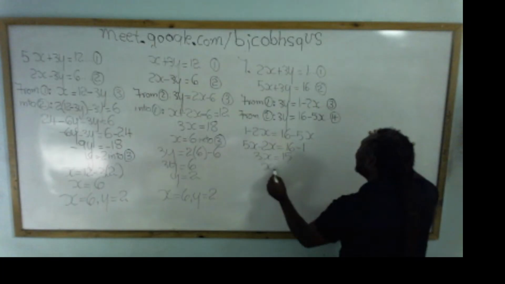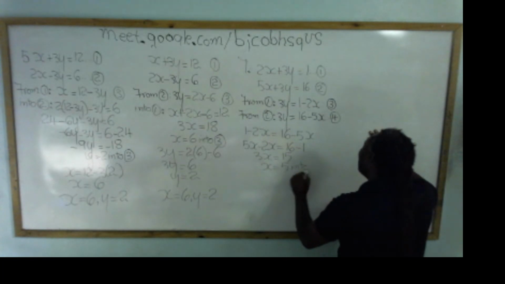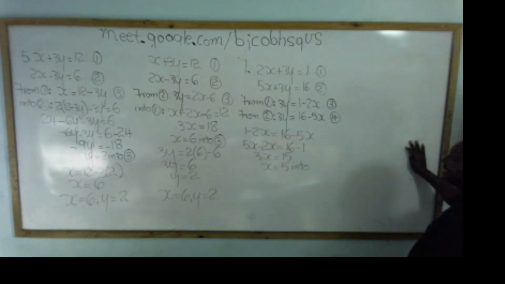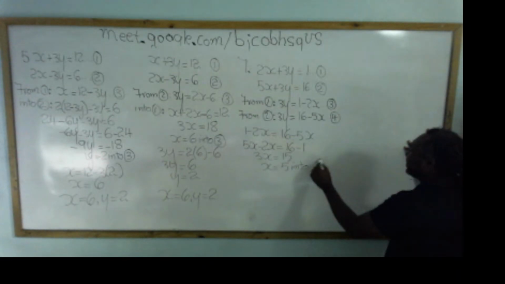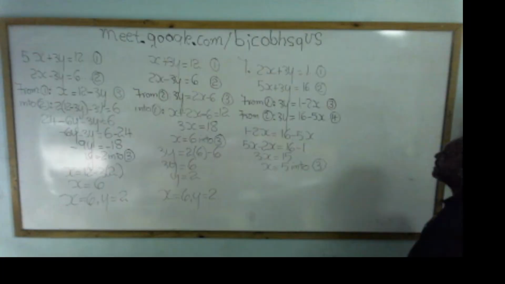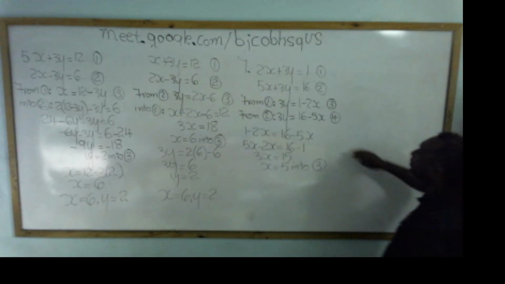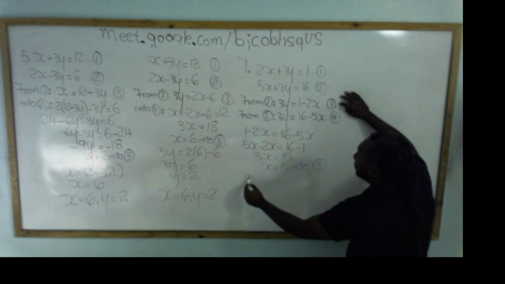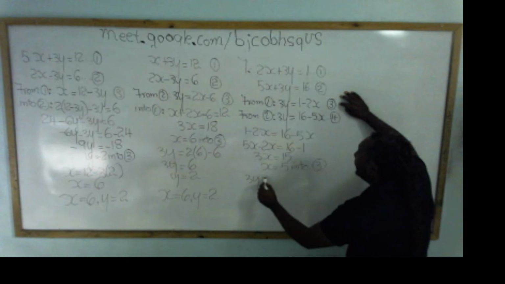x is equal to 5. You may put that into any one of these two equations. Maybe you want to put it in the baby one, so put that in equation 3. It's a little bit simpler. 3y is equal to 1 minus 2 times 5.